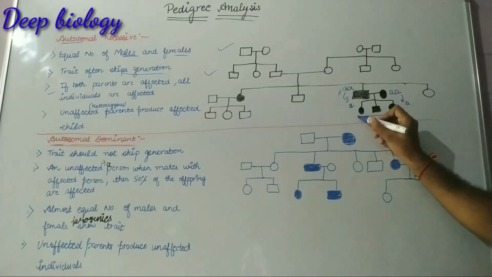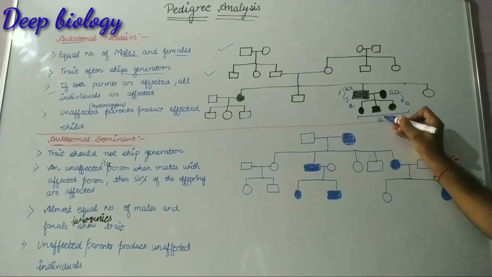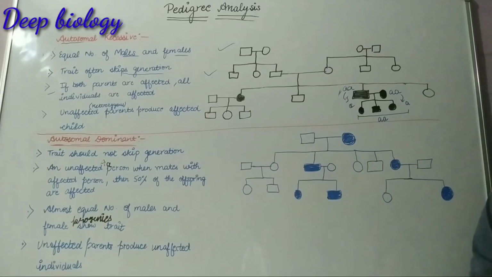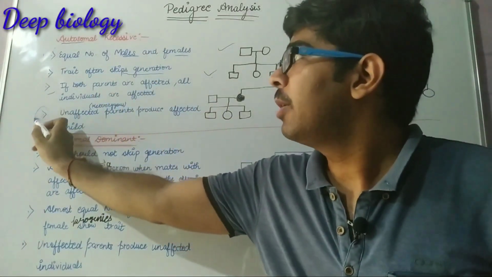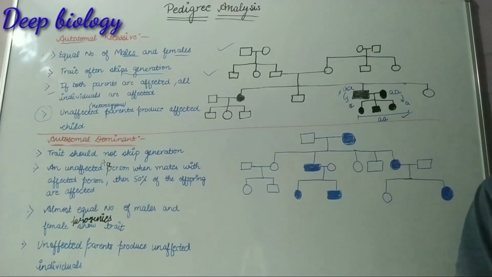In this way, all of the offspring will have the small a character. That's why all individuals are affected. Now this is the most important point by which we can determine that it is a recessive pedigree.